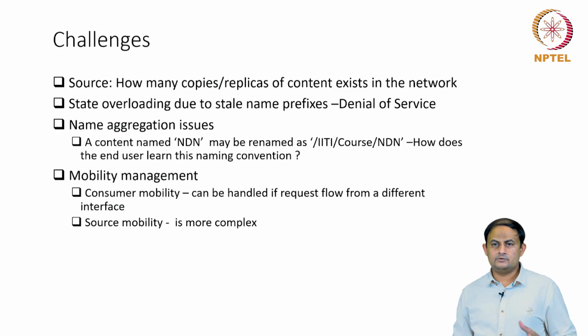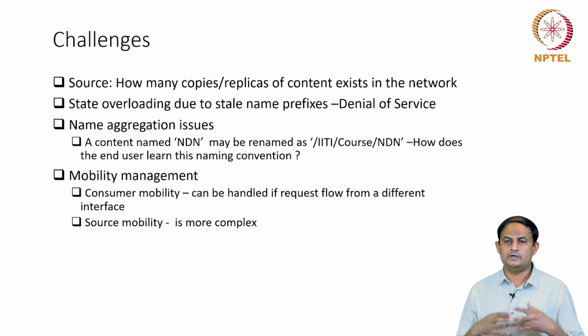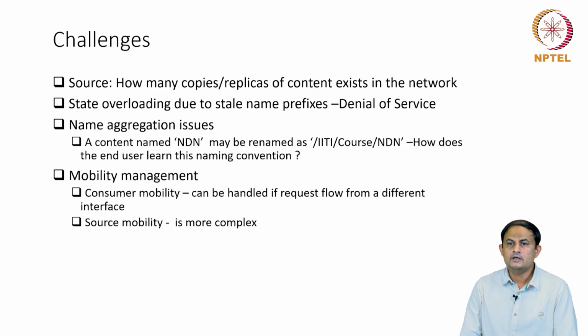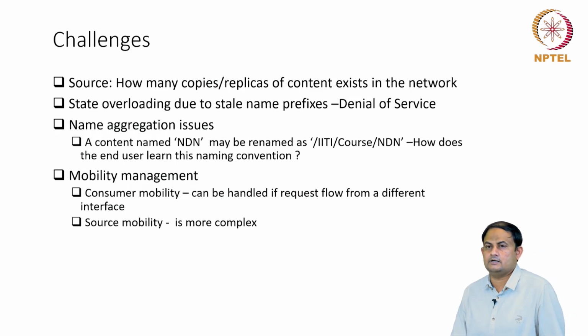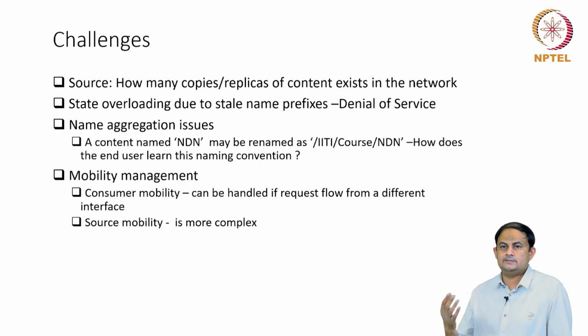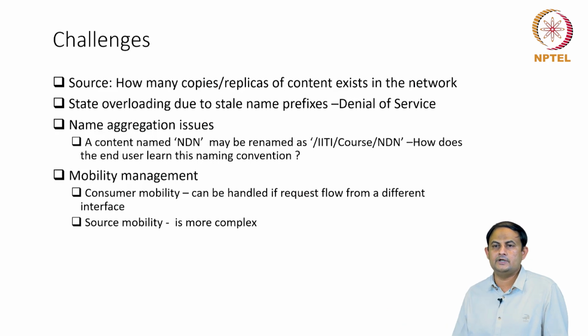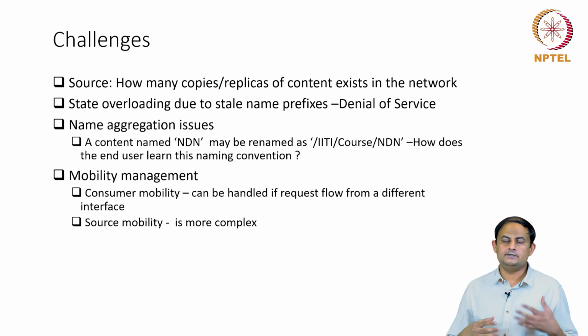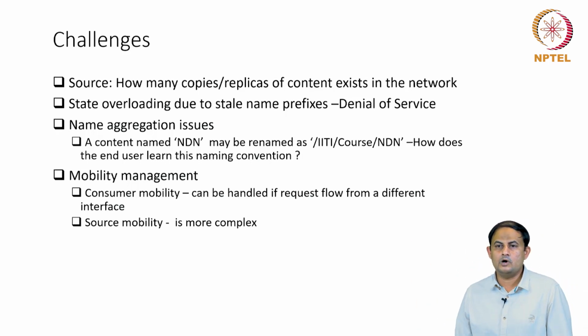So having understood all these problems and different mechanisms that we can use in the ICN network, let's now turn the table around and look at what unique challenges ICN brings. ICN is a nice feature to have, but one of the challenges is that the source loses track of which routers have a copy of the content produced by itself.